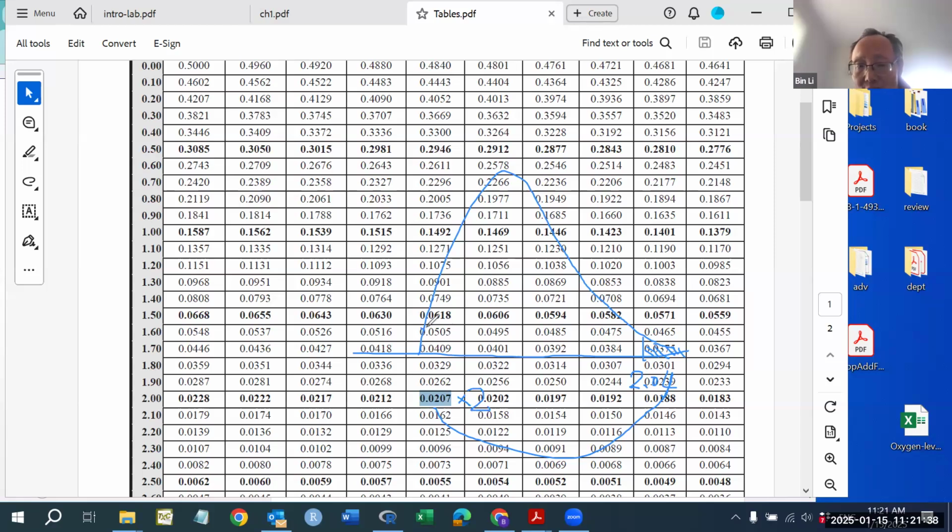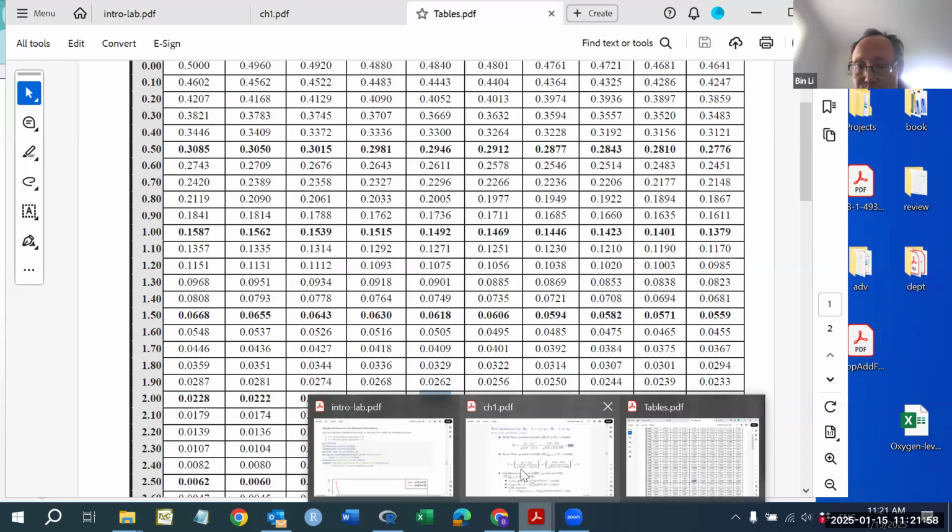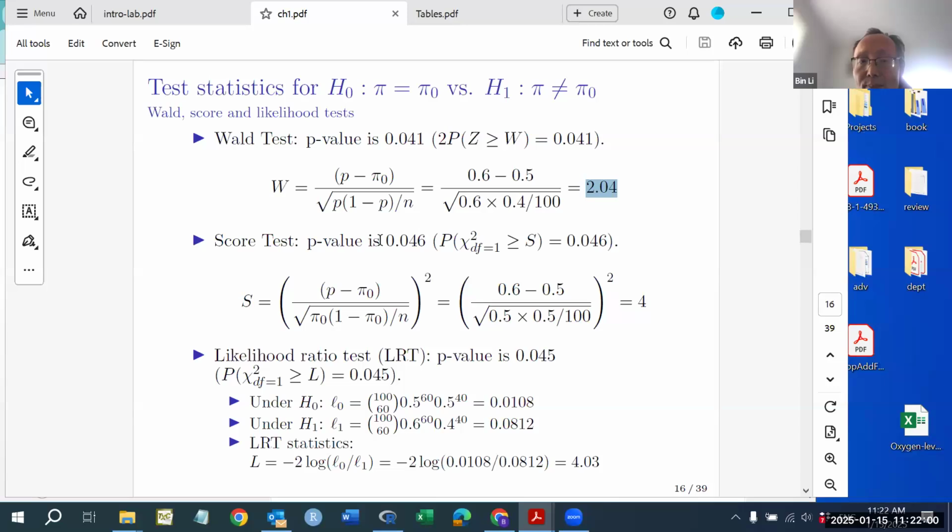Because this is a two-sided test, we also need to consider the negative 2.04, which is symmetric around 0, right? So the p-value is double 0.0207. That's the p-value, and you can see the p-value is 0.041.